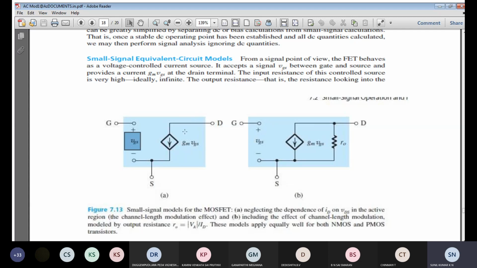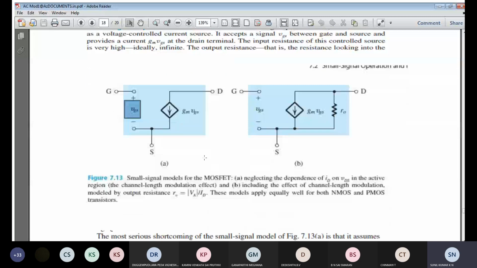ID can be written in terms of a controlled source. The output is a current controlled by the input signal voltage VGS, so it is represented as GM times VGS. This is a voltage controlled current source, the same thing as I told in the previous class.